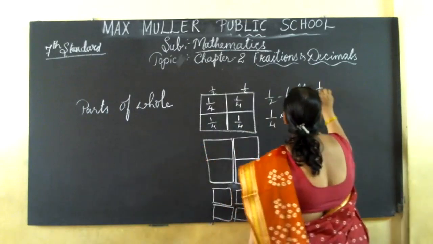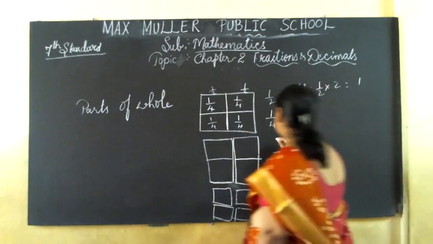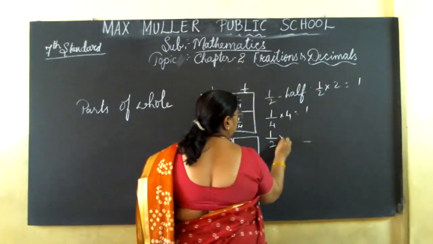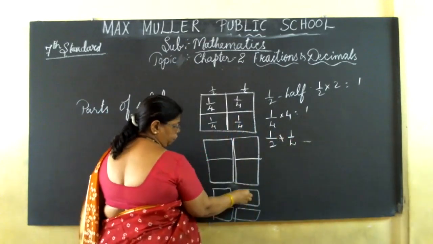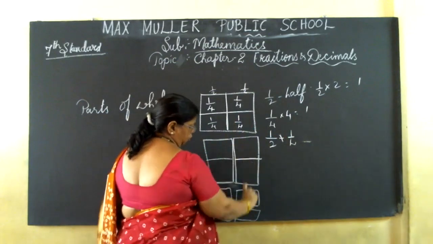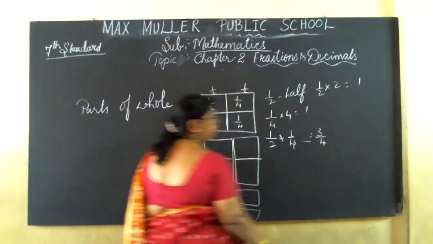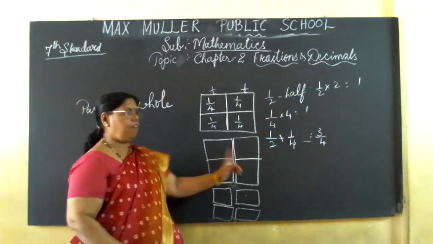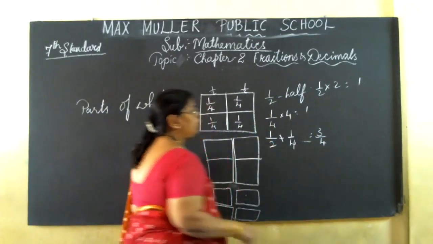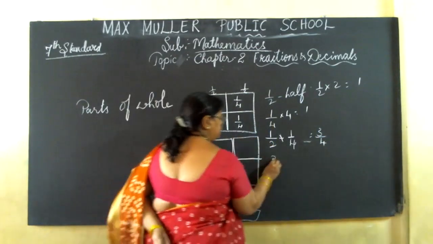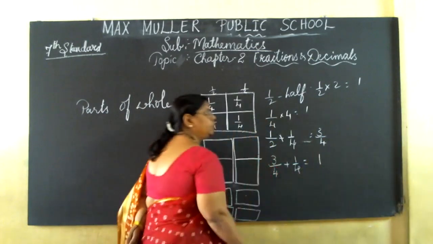1/4 into 4 parts becomes 1. Half into 2 becomes 1. So half plus 1/4 becomes 3/4. And 3/4 plus 1/4 becomes 1.